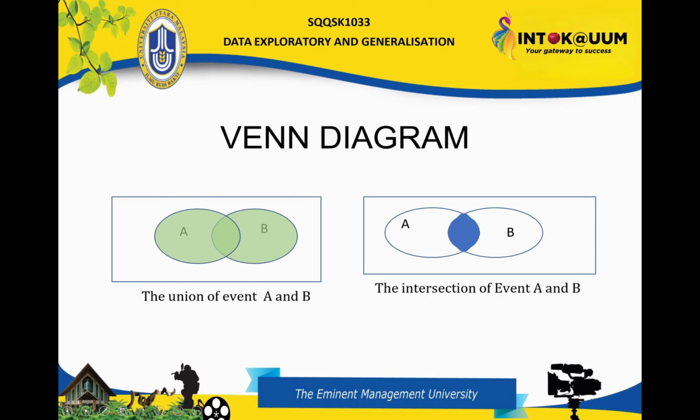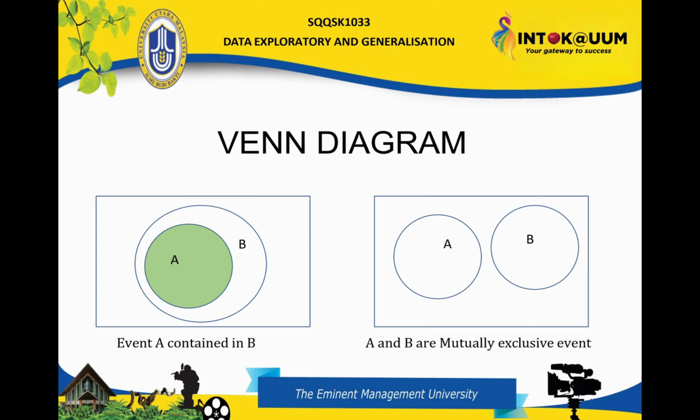When areas of both circles are selected, as shown in this shadow here, that represents the union of both events, in this case, the union of events A and B. Meanwhile, when two circles overlap, that area represents the intersection, outcomes that belong to both events.